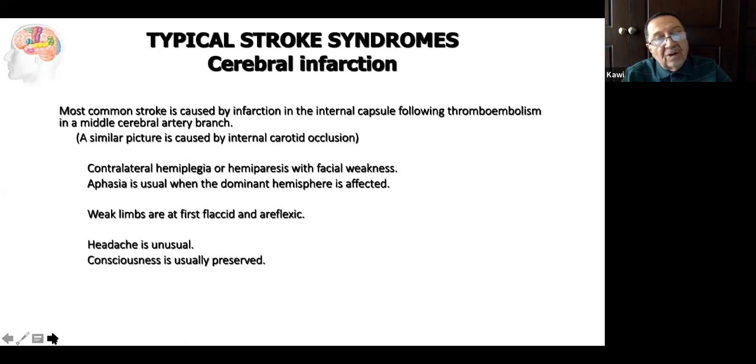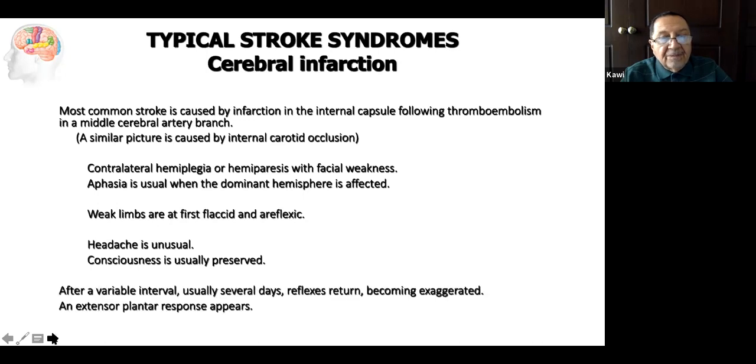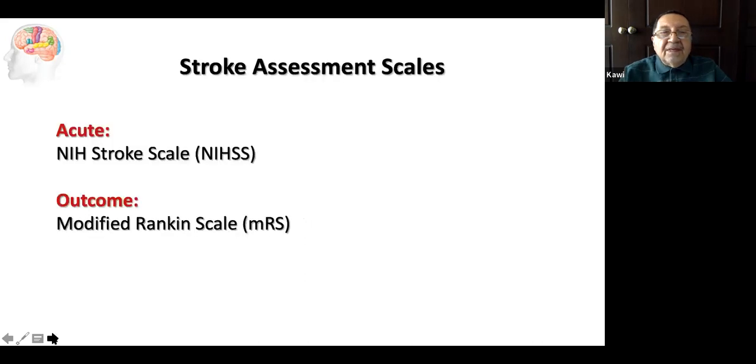Headache is unusual unless the stroke is caused by dissection of the neck vessels. Consciousness is usually preserved unless the stroke is in the posterior fossa structures. After a variable interval, usually several days, the reflexes will return, and then they become hyperactive with a Babinski sign.